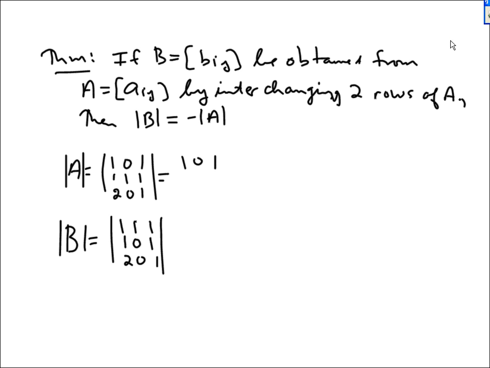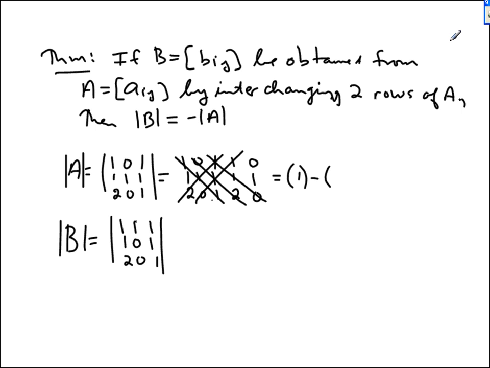3 by 3, spaghetti. That is, repeat the first 2 columns. At the end, you get 1 plus 0 plus 0 is 1 minus 2 plus 0 plus 0 is 2. 1 minus 2 is negative 1.